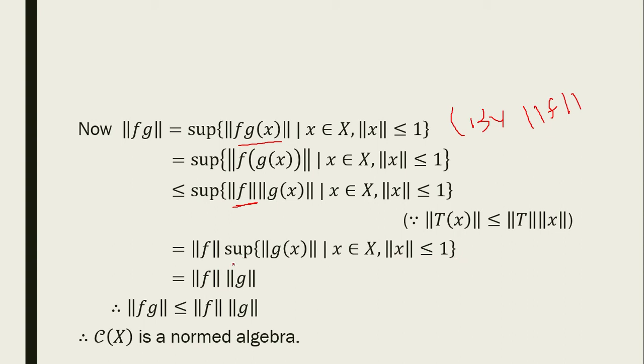This is the definition of norm G. So norm F into G is less than or equal to norm F into norm G. So script C of X is a normed algebra.